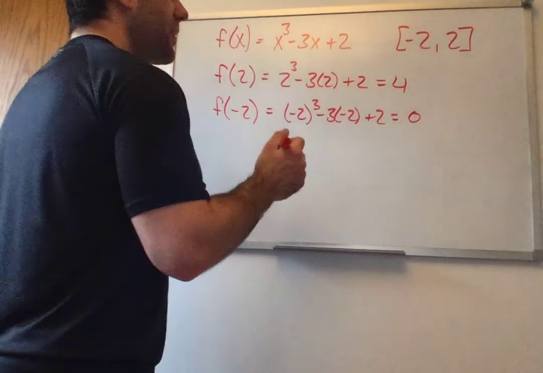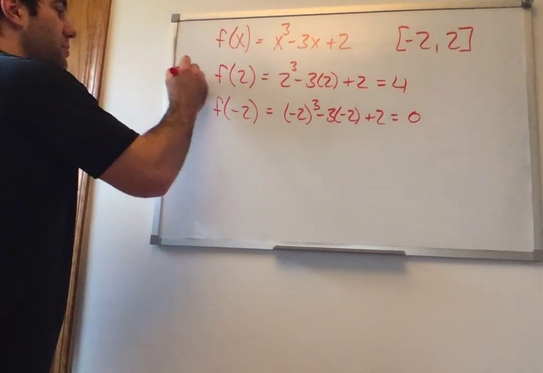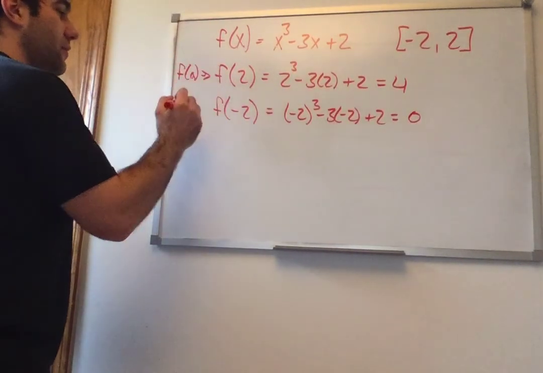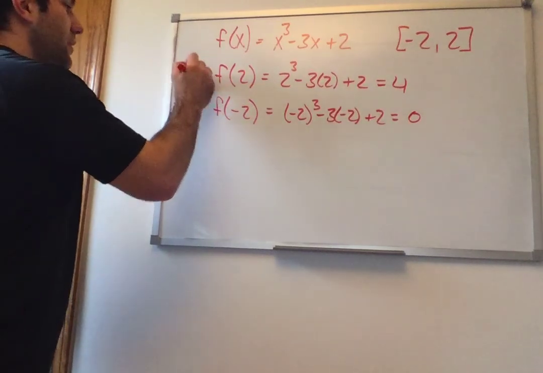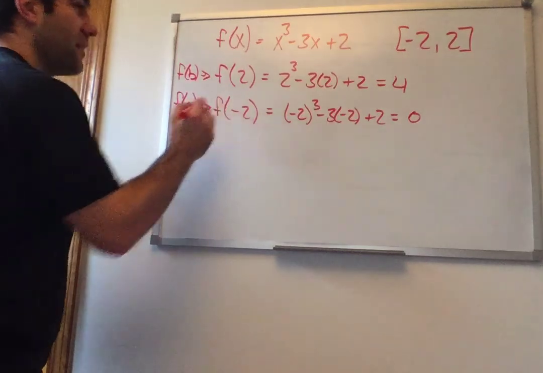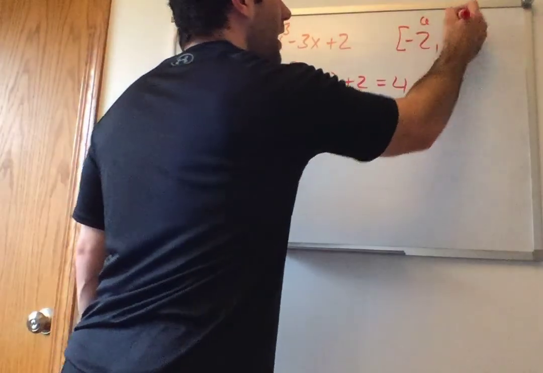Okay, so now this right here could be my f of a, and this right here could be my f of b. That one's my f of a. This is like a, and that's like b.